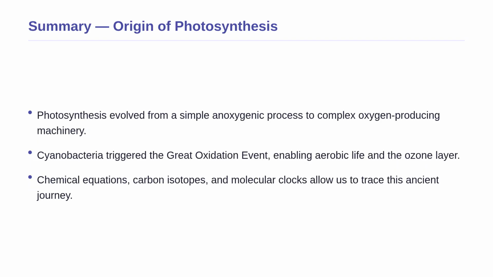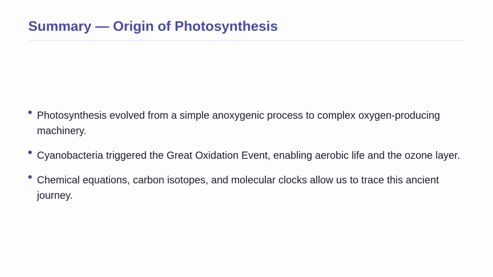As we wrap up, let us review the key takeaways from our exploration. First, the origin of photosynthesis was a monumental breakthrough, starting as a simple anoxygenic process and evolving into complex oxygen-producing machinery.